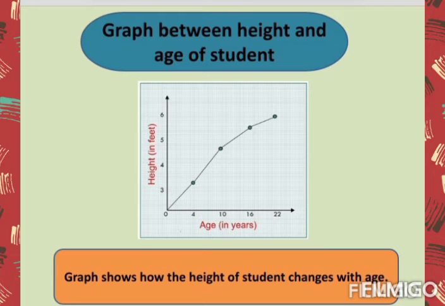So the graph shows how the height of the student changes with age. We can say that height depends upon the age of the student. So height is a dependent quantity and age is the independent quantity.